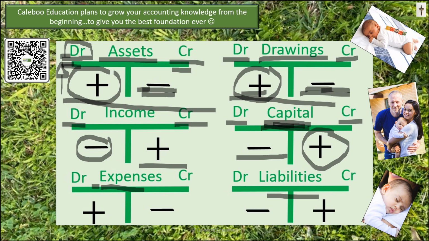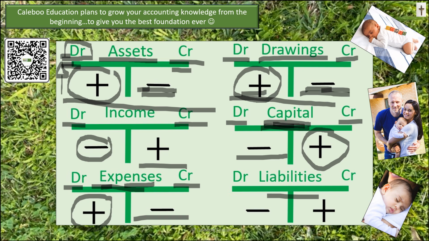An expense, for example stationery, if we purchase stationery, there's an increase in expense. An increase in any expense will result in the account being debited. If there's a decrease in an expense, the account will be credited.